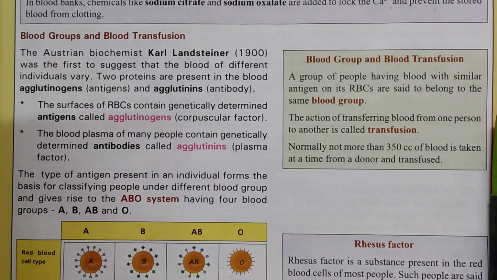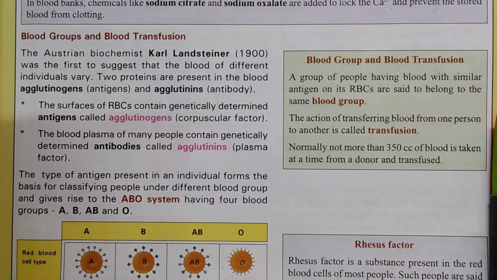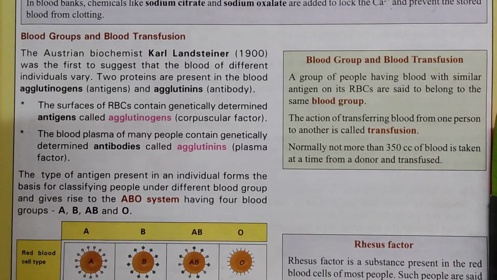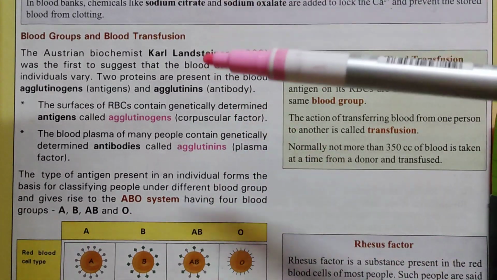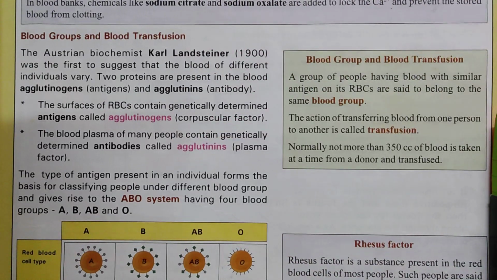If I shed my blood or you shed your blood, we won't be able to recognize that our blood groups are different, because everyone's blood color is red. But Karl Landsteiner suggested that there are different types of blood group that vary from individual to individual.